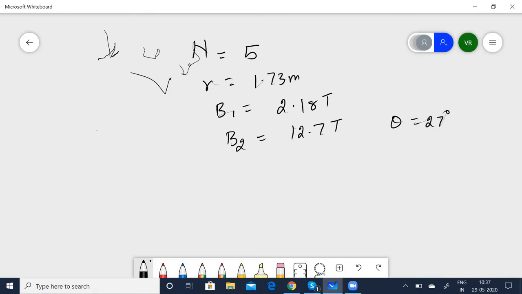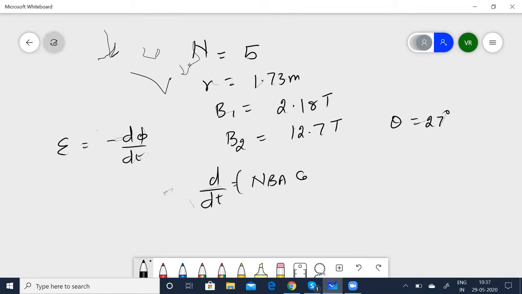Now, E is equal to minus of d phi by dt. We'll substitute the formula directly here: d by dt of NBA cos theta, which is equal to N A into B2 minus B1 divided by dt, where dt is the change in time taken.